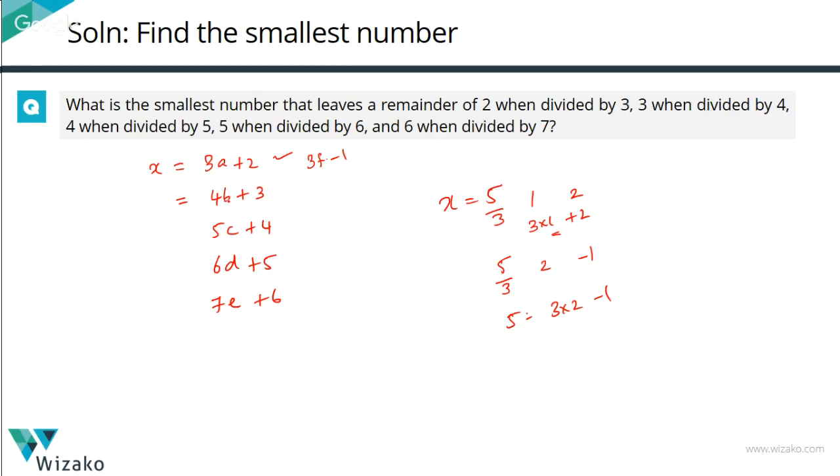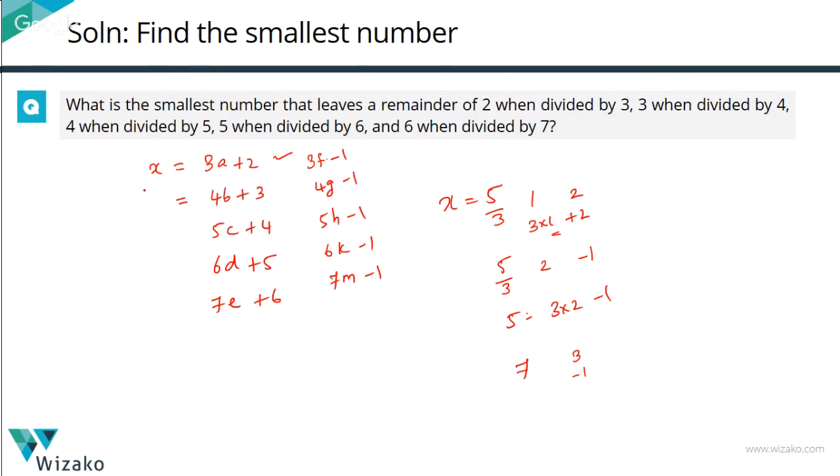If I had increased the quotient by 1, a number, let's say, is 7, can leave a remainder of 3 when divided by 4, or it can leave a remainder of -1 divided by 4. If it's going to leave you a remainder of 3, it's the same as saying this is 4g minus 1. This number is 5h minus 1. This number is 6k minus 1. This number is 7m minus 1.